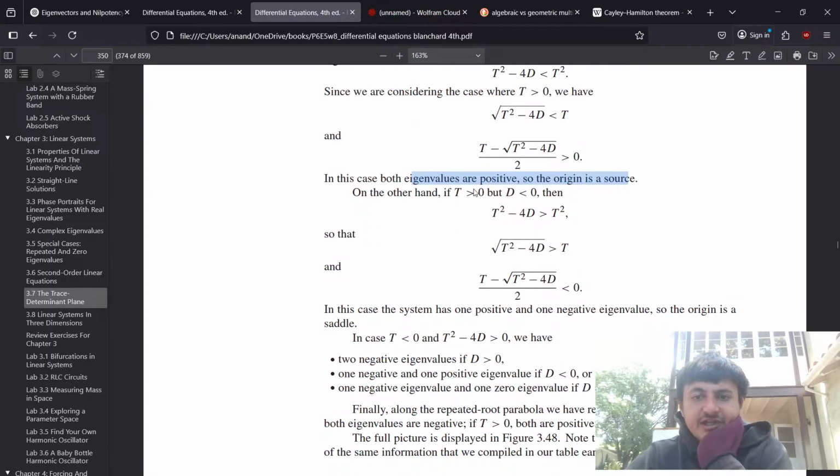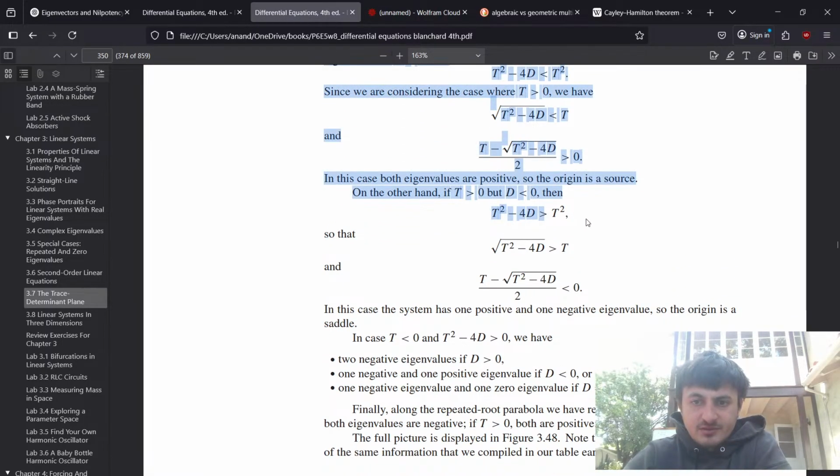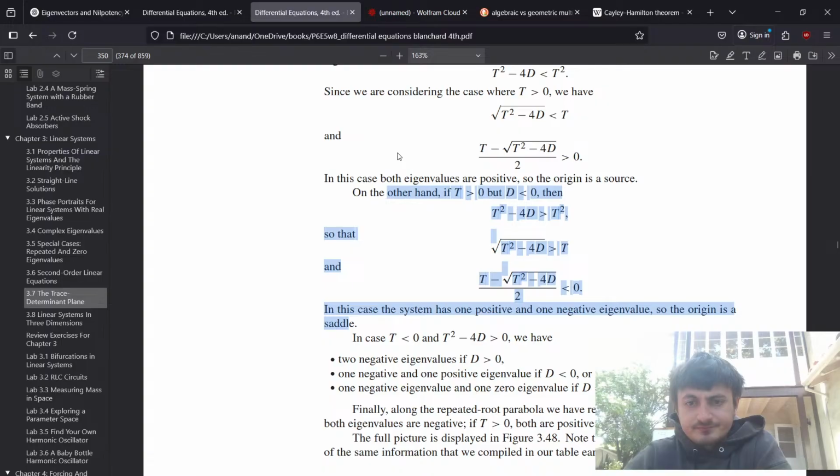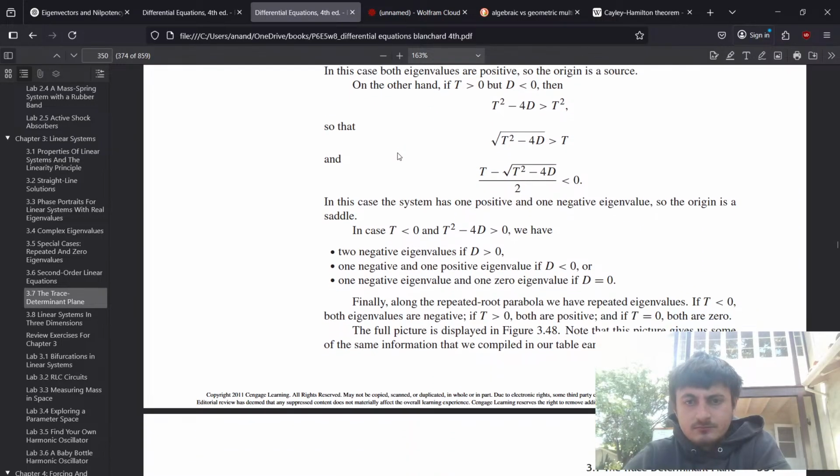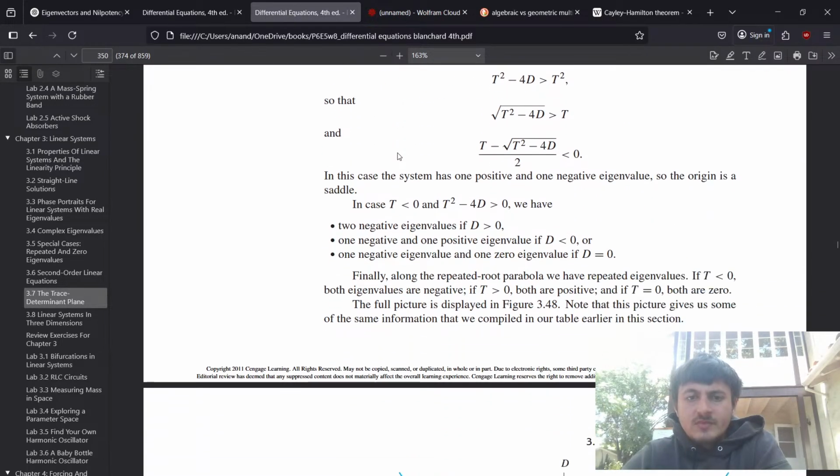On the other hand, if t is greater than 0 but d is less than 0, then this is greater than t, so we have a saddle. In this case, the system has one positive and one negative eigenvalue, so the origin is a saddle.